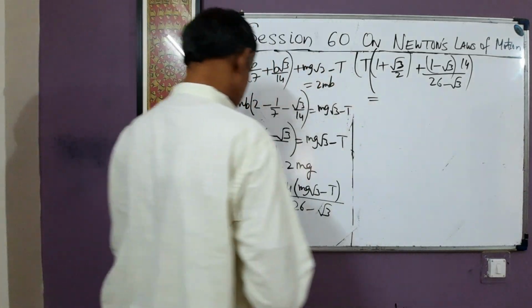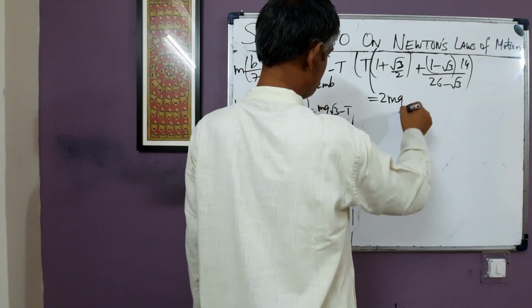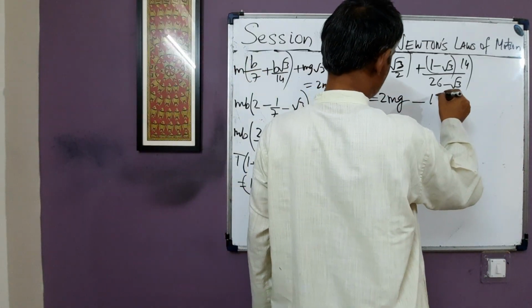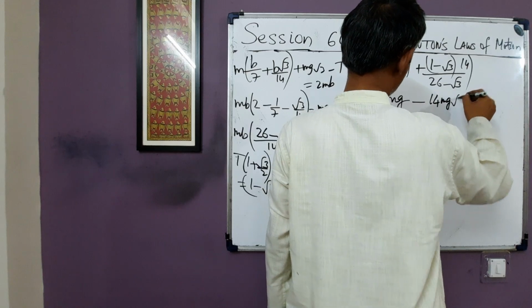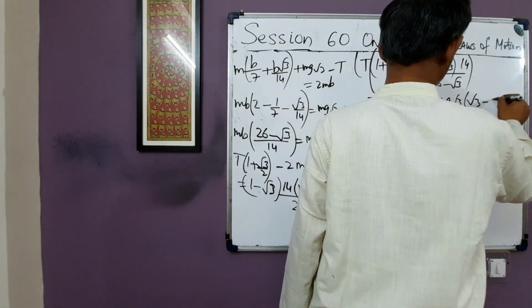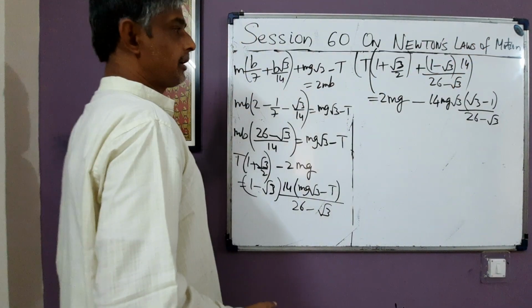That is just equal to how much? That is just equal to 2 mg this side: 2 mg minus 14 mg root 3 into root 3 minus 1 by 26 minus root 3. Alright.